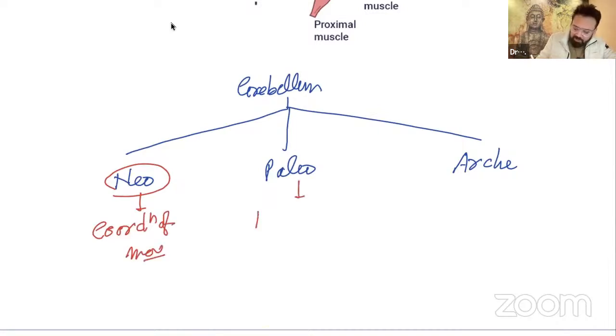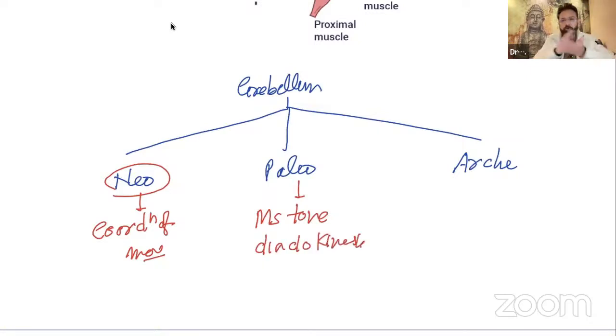Paleo, number 1 function is to maintain muscle tone. Number 2 function is diadokinesia, I mean the ability to perform rapid alternate movement. Archicerebellum or vestibulocerebellar tract is for balance and posture. Okay.